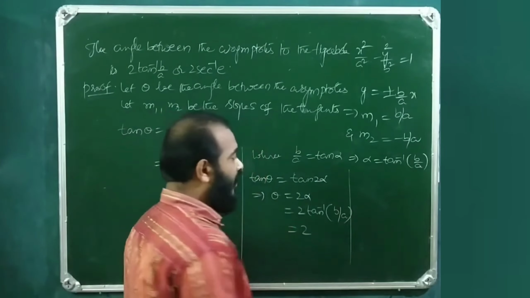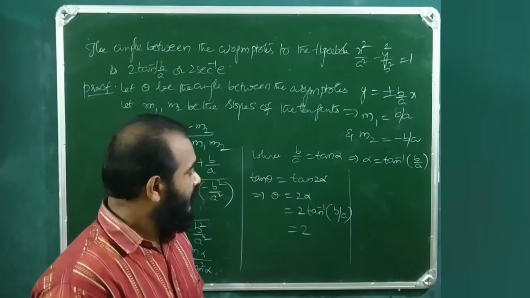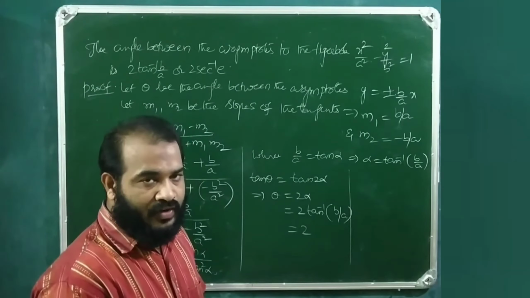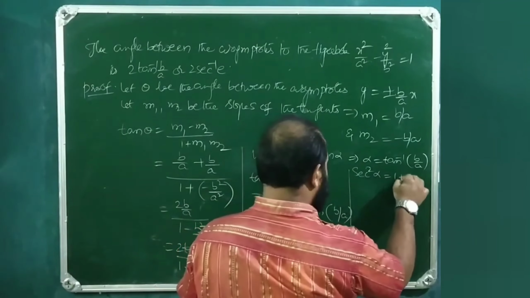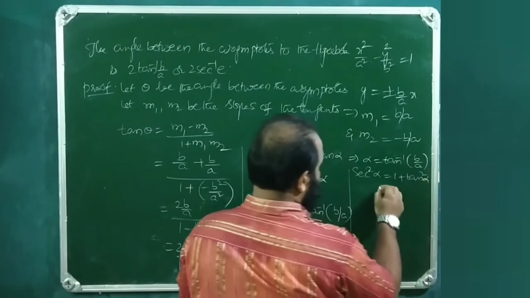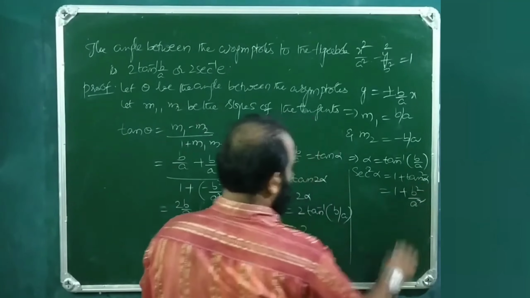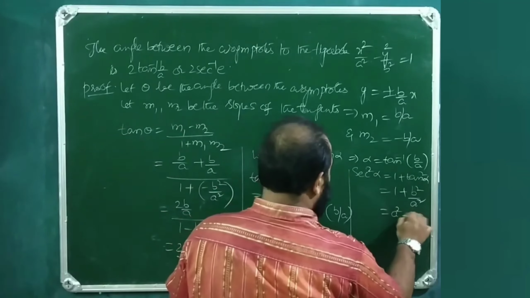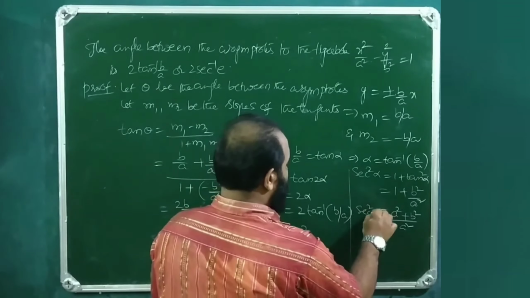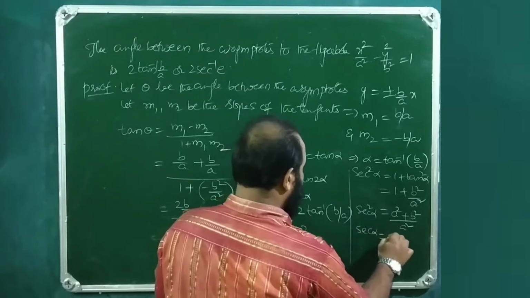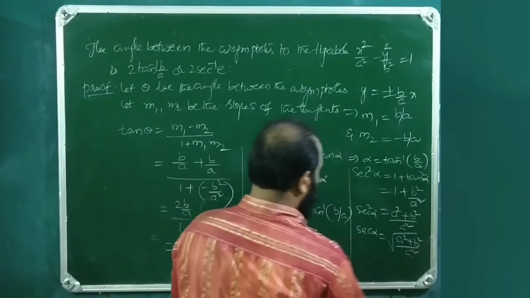Then we have secant square alpha minus tan square alpha equals to 1. So secant square alpha is equals to 1 plus tan square alpha, so this is 1 plus b square by a square, that is a square plus b square by a square. So secant alpha is equals to square root of a square plus b square by a square.